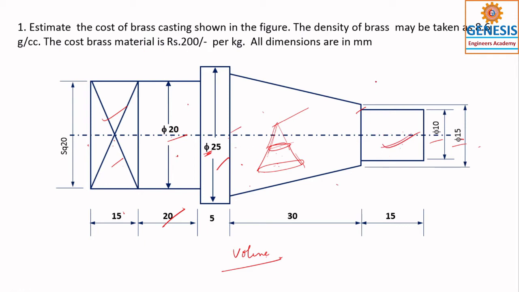First you have to find out the volume of this pattern, and then use the density. Density is equal to mass by volume, you know that. If you multiply density with volume, you will have mass. So this mass is used for that work. What is the mass of this total material?